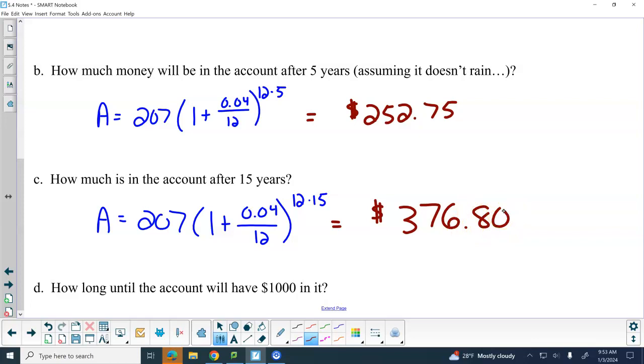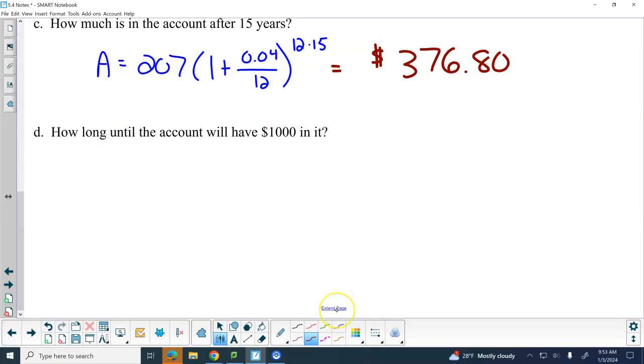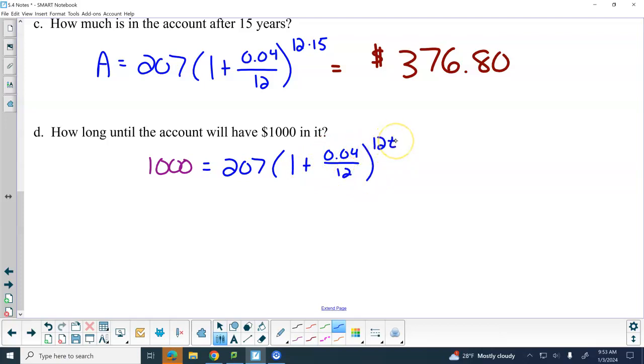Okay. How long until it has $1,000 in it? Again, this is assuming that you don't have any rainy days. 1,000 is going to equal 207 times 1 plus 0.04 divided by 12 to the 12t power. You first divide by 207.